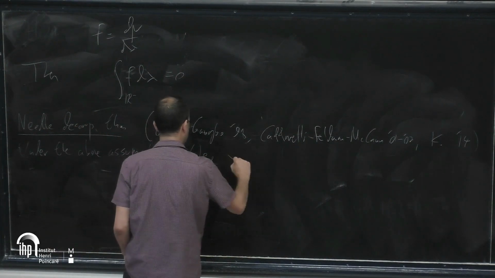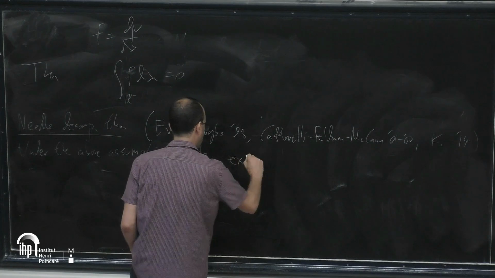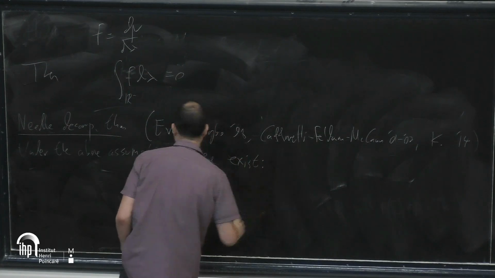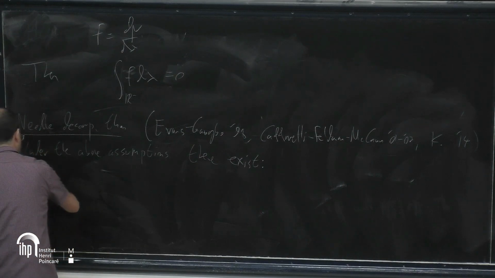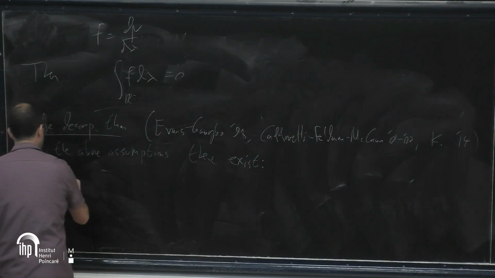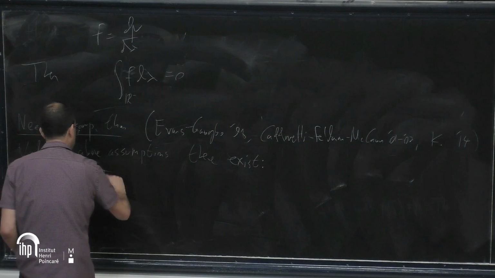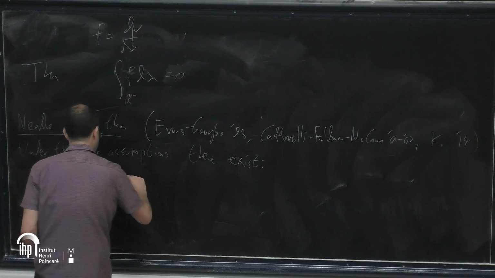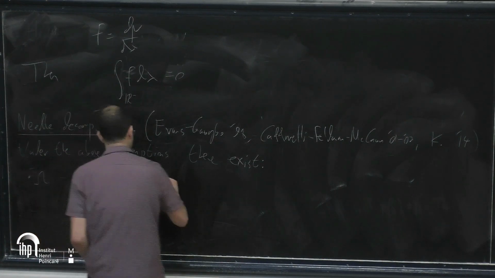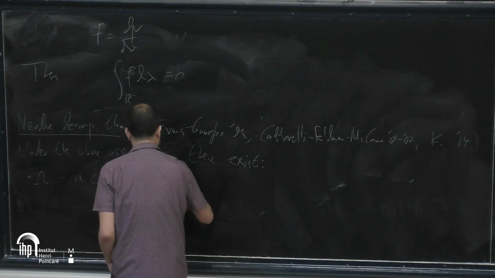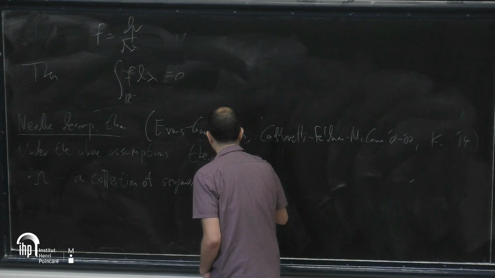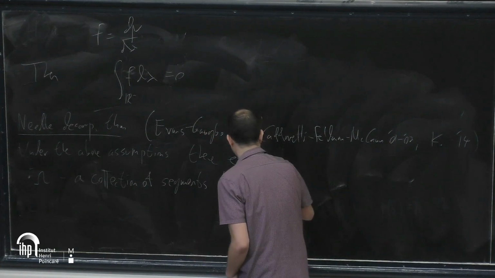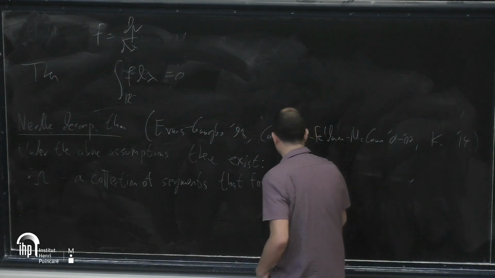Under the above assumptions, there exist certain objects. First of all, a space of segments. Omega is a collection of disjoint segments that form a partition of all of Rn, but I allow singletons.